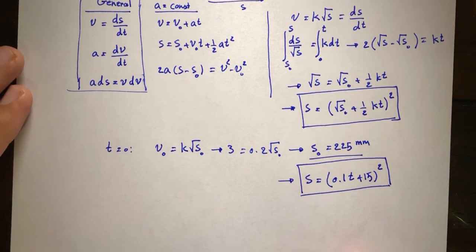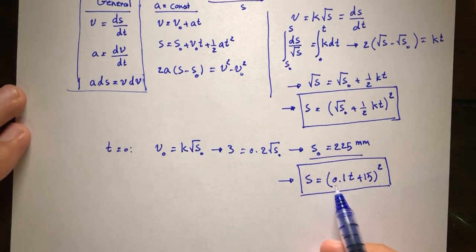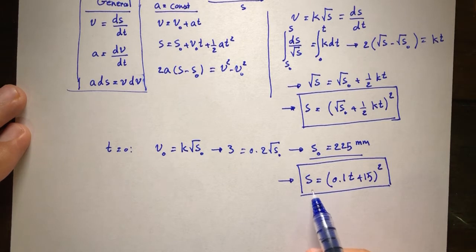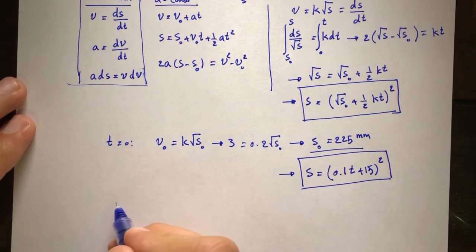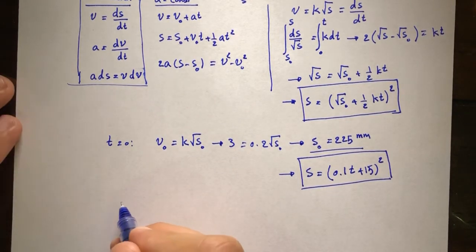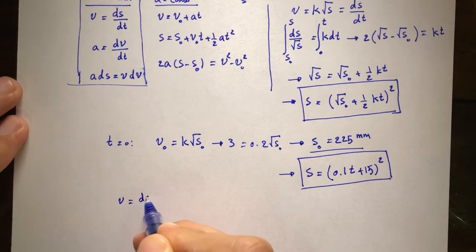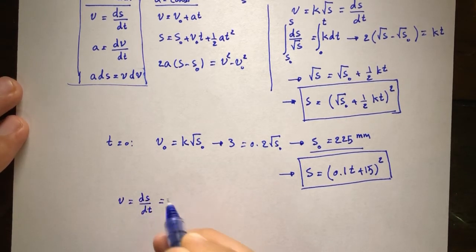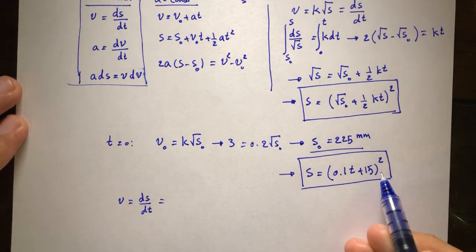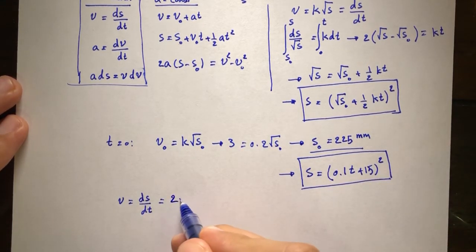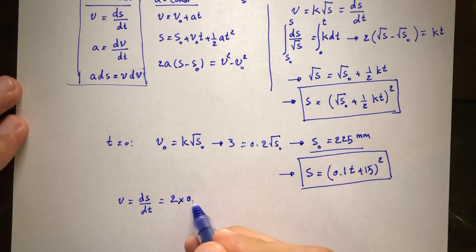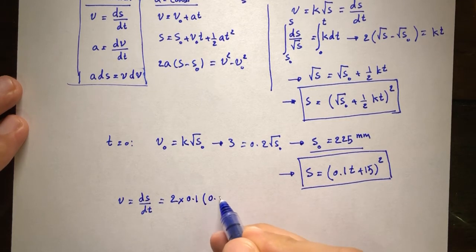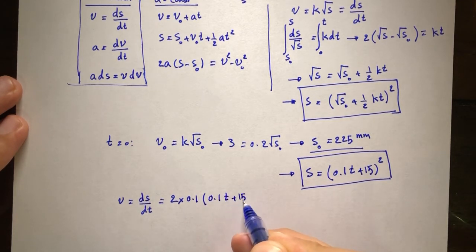Okay? And the good thing about this equation is, if I know this, I can take a derivative of it to find the velocity as a function of time. And if I take another derivative of it, I can find the acceleration. So velocity is equal to ds/dt, and the derivative of this function is going to be 2 times the derivative of the inside, which is 0.1, times (0.1t plus 15).